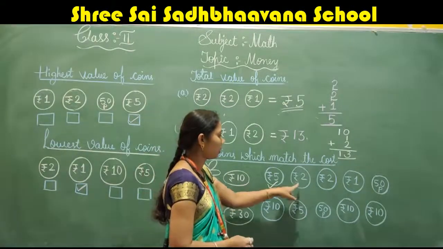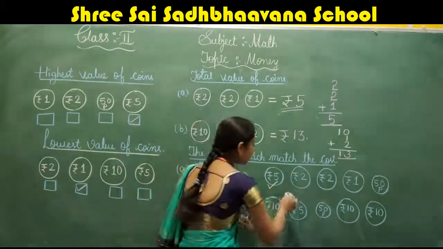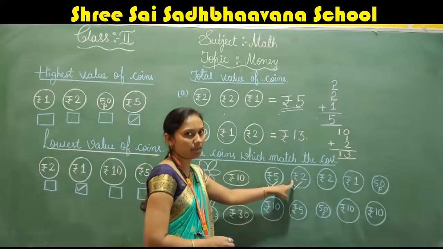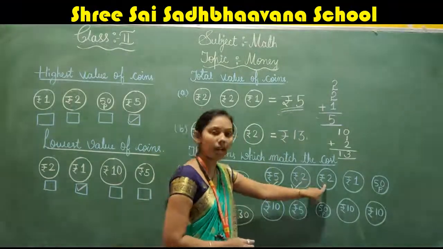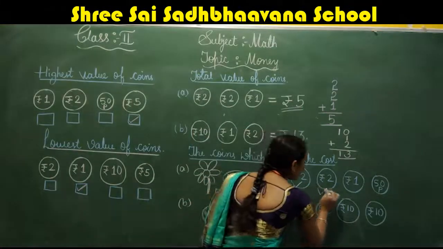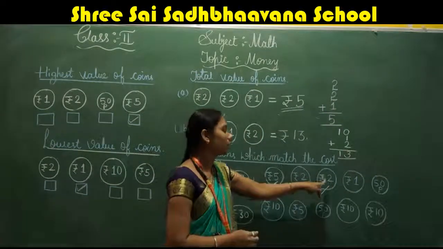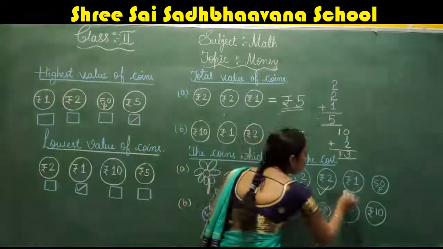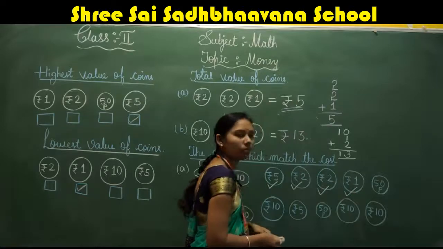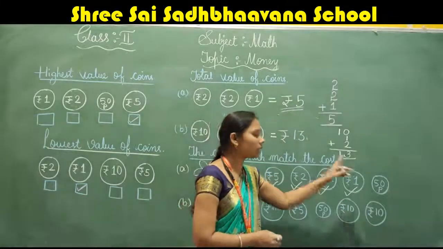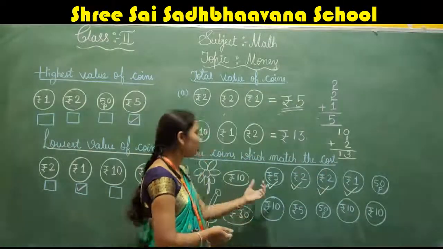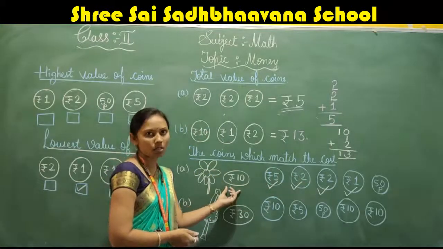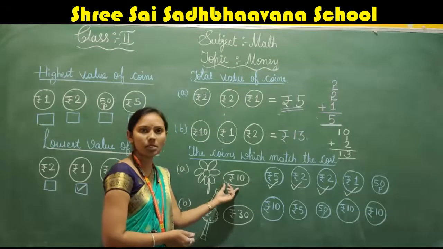Then a 2 rupee coin, that is 5 plus 2 is 7. Next again a 2 rupee coin you are going to give. 7 plus 2 is 9. Again a 1 rupee coin. That is 9 plus 1 is 10. So the coins match the amount of what you have purchased.